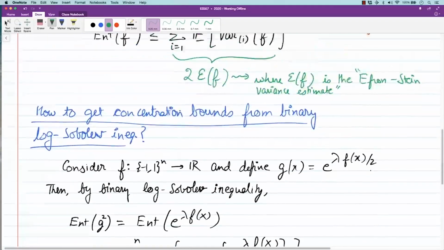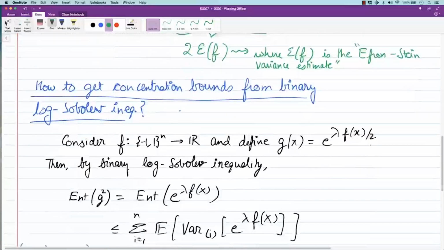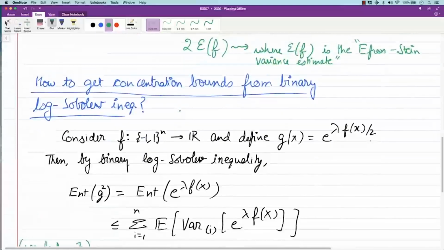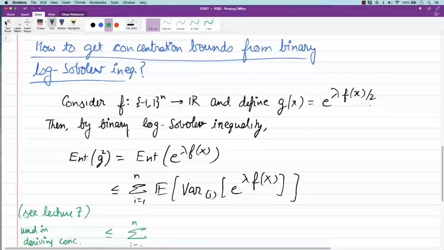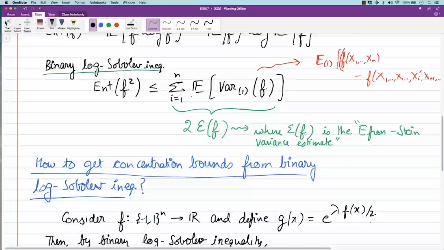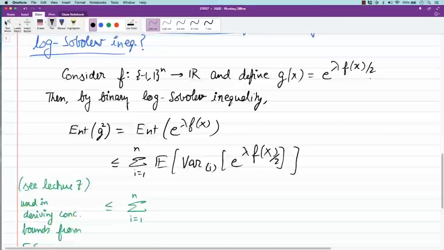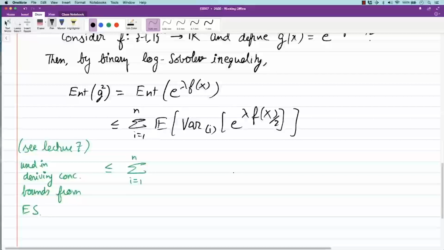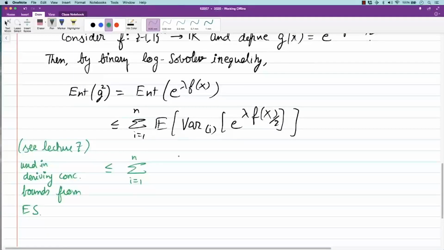Actually, sorry, the entropy of this is less than or equal to the variance of this by 2. So we have the entropy of f square is less than or equal to the variance by 2. That is why this by 2 was required in the earlier bound. That gives you each term here is less than lambda square by 4 in the same expectation.